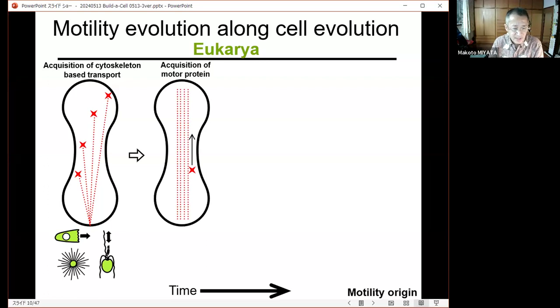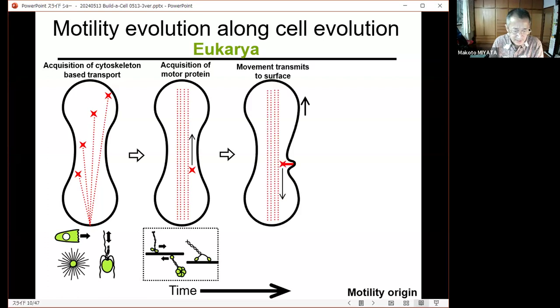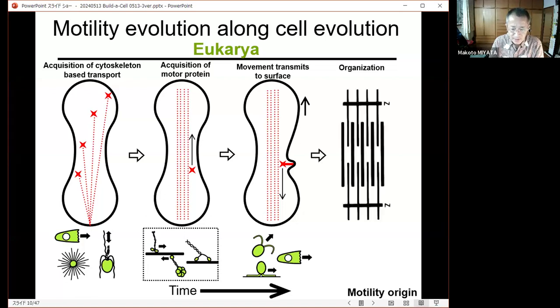Later, they obtained motor proteins like myosin, kinesin and dynein. The motility inside the cell was somehow transmitted to the surface of the cell, so they achieved other types of eukaryotic cell motility. For example, animals organized the motor protein system, so they achieved muscle contraction like this.